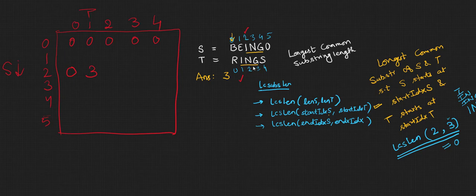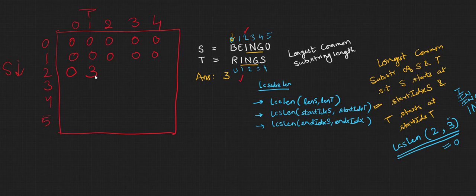Now if I fix S at index 1, then also it will remain 0, because there is no match here. Then if S is at 2 and T is at 0, they are not matching, so 0. If S is at 2 and T is at 1, we saw it was 3.